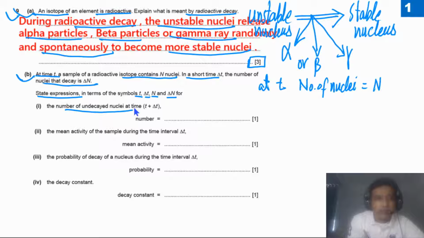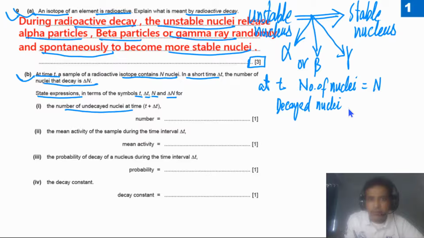It is also given to us that in time delta t, the number of nuclei decayed. So how many have decayed? That is equal to delta N. Now the question is asking us, at time t plus delta t, the undecayed nuclei.